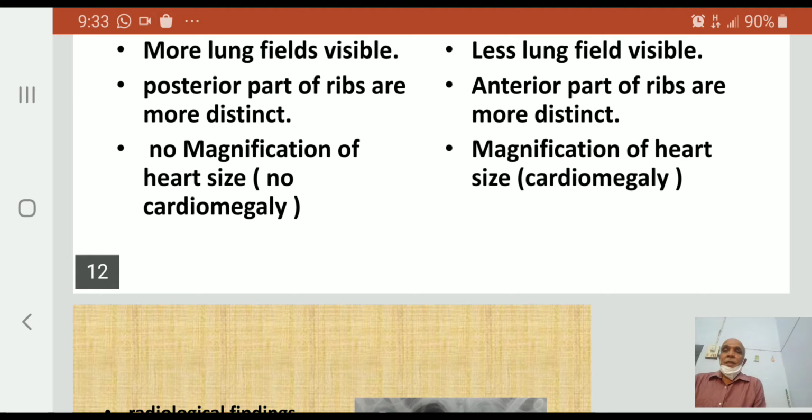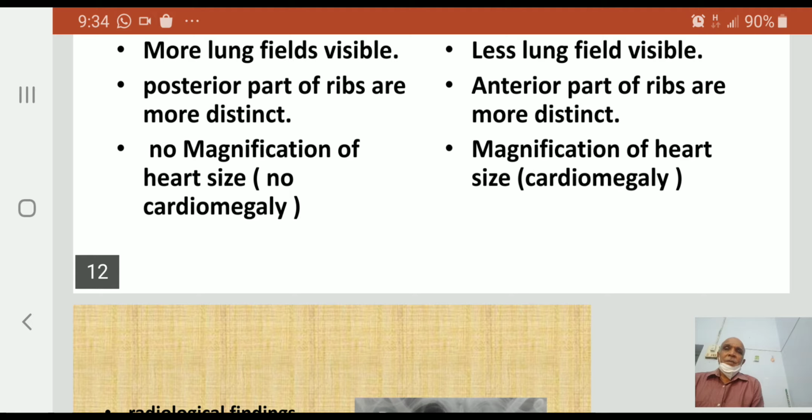There is no magnification of the heart size in the PA view, but in the AP view there is some magnification of heart size. So the normal heart size appears increased in the AP view.